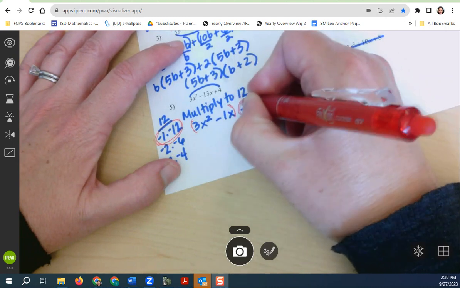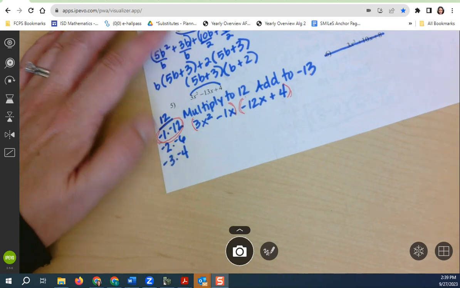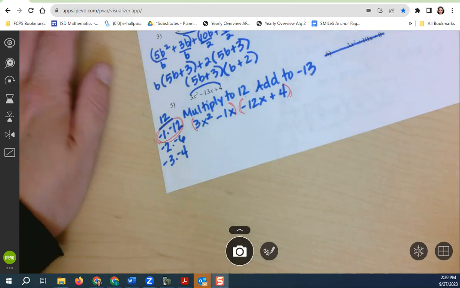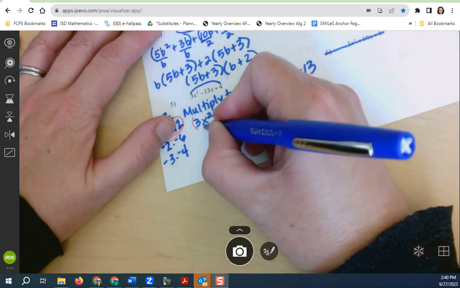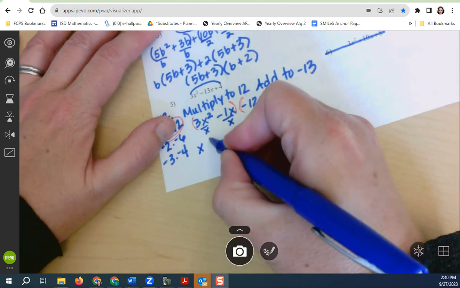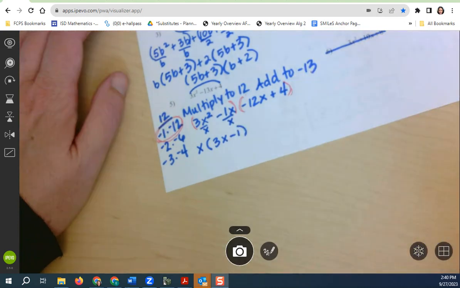The negative should stay with the 12 when you do that. The first 2 terms don't have a number you can divide them both by, but you can divide them both by what variable? X. Good. So taking the x on the outside, I have 3x minus 1.